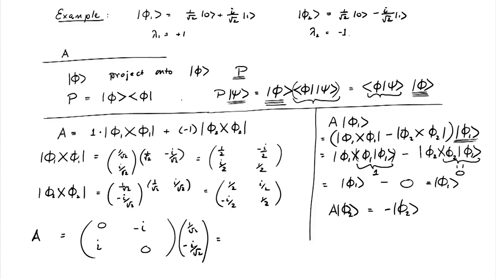Well, when we multiply, you get plus i squared, which is minus 1 over square root 2. And then down here you get i over square root 2. And this is exactly minus 1 times 1 over square root 2, minus i over square root 2. So it's eigenvalue minus 1, as promised.